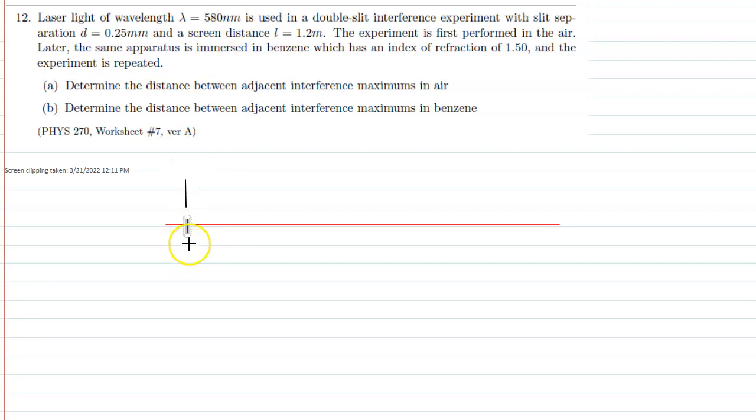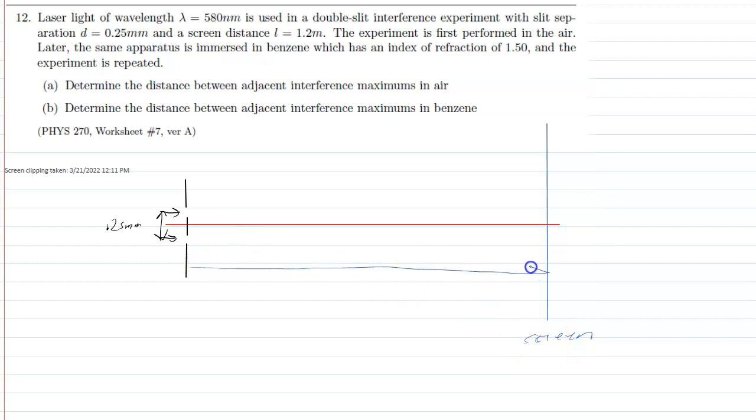It's not perfect, but we got our double slit spacing, and those are our slits, and this distance is 0.25 millimeters, and the screen is down here, and this distance here is 1.2 meters. We're going to call that L because that's what they called it there.